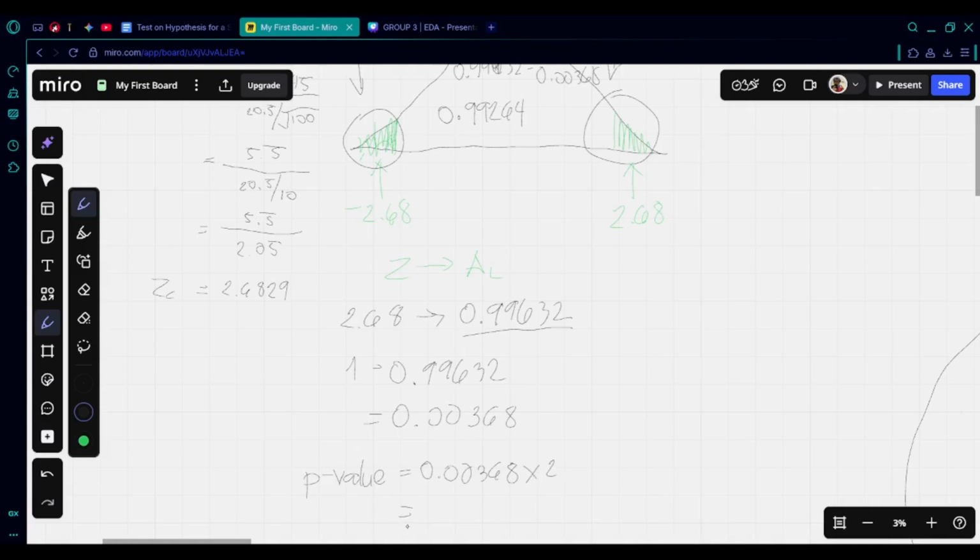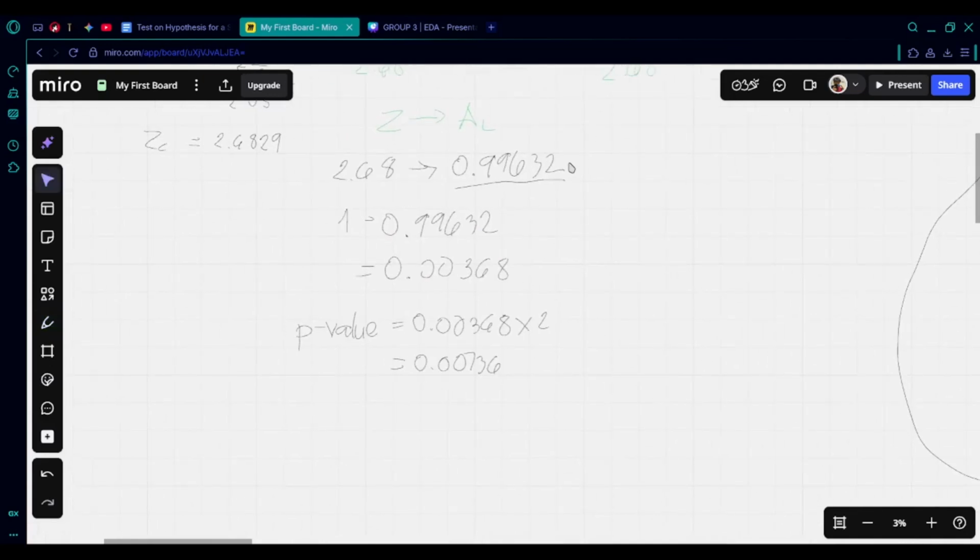So 0.00368 times 2 is 0.00736. This is our p-value now.